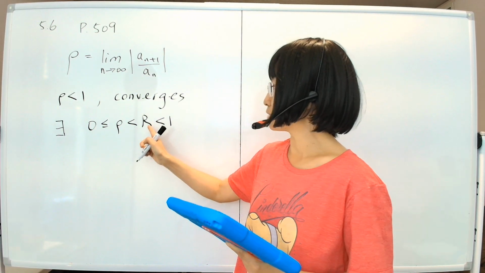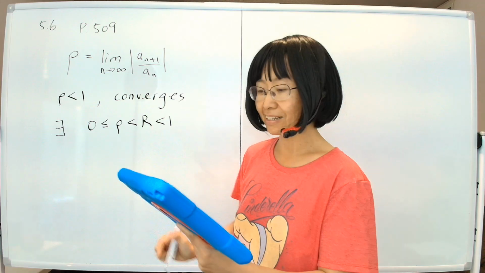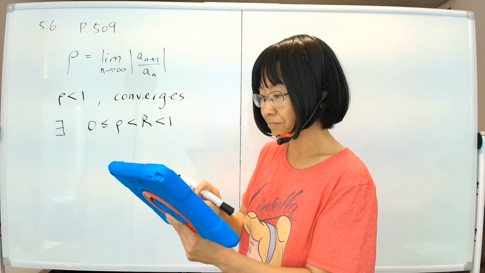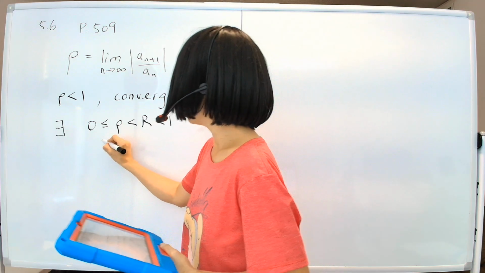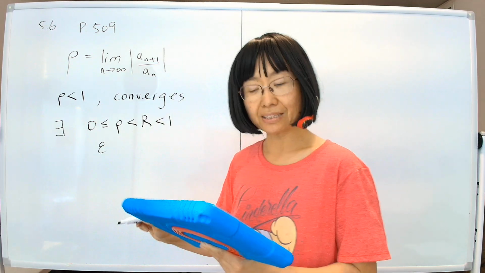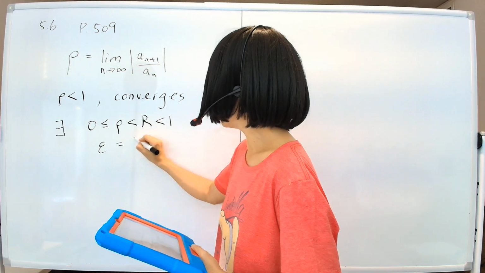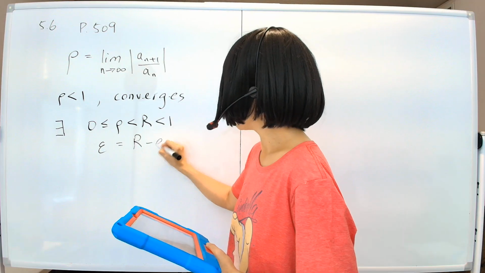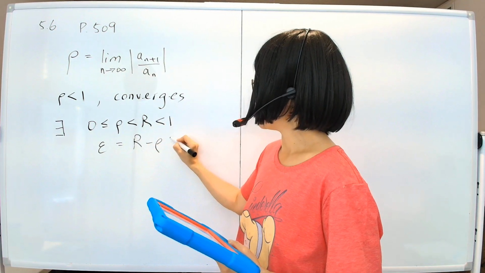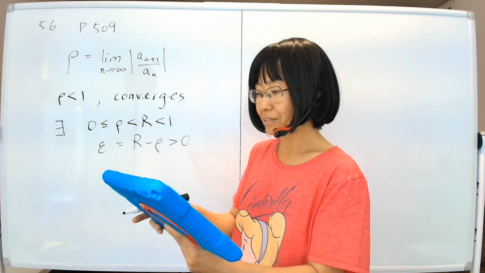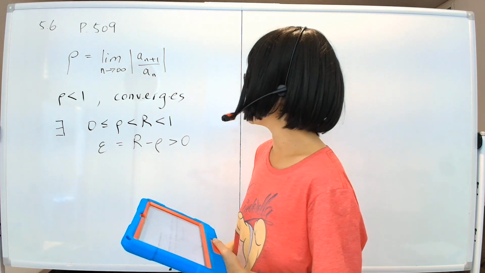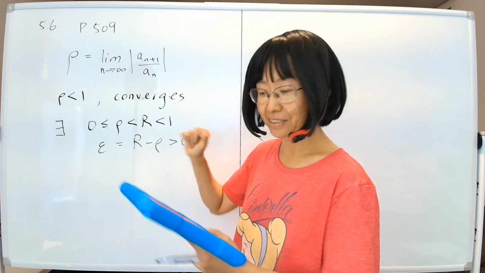So we can find something in between rho and 1 and stick it in there, and we'll call that thing R. That's step 1. Step 2, we'll figure out epsilon. Epsilon will be equal to R minus rho, and being that R is bigger than rho, epsilon is bigger than 0. When you see epsilon, you know where we're going with this. We're going to do the limit proof with epsilon in it.